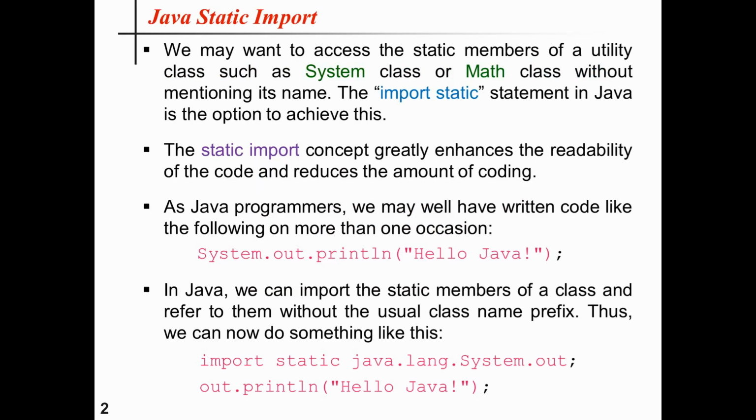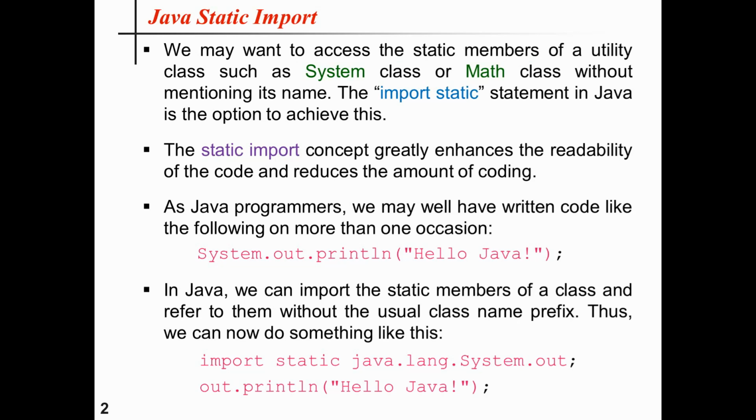Now we may want to access the static members of a utility class. Utility class means all the members of this particular class are static, be it a field or a method, for example the System class or the Math class, without mentioning its name.